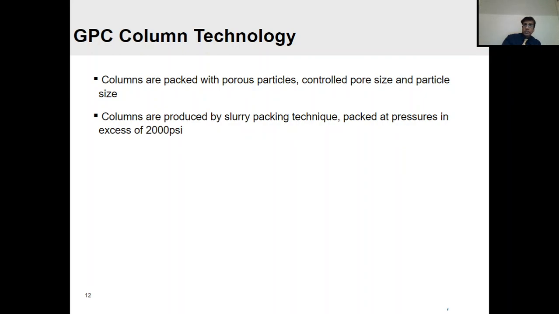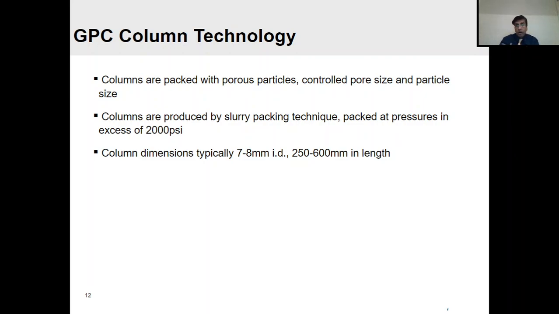This is usually prepared by slurry packing technique, at a pressure of 2000 psi. The column which we use has an inner diameter of 7 to 8 millimeter and 250 to 600 millimeter in length. As mentioned in the previous slide, we can also increase the length of the column for better resolution, which means that we can add an extra column or two along with the normal GPC machine.